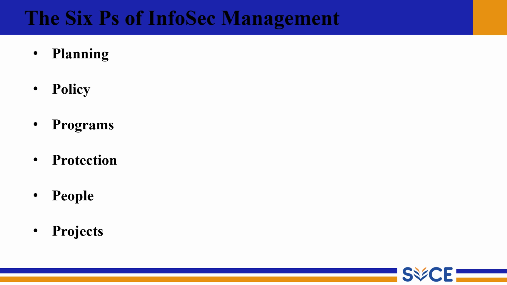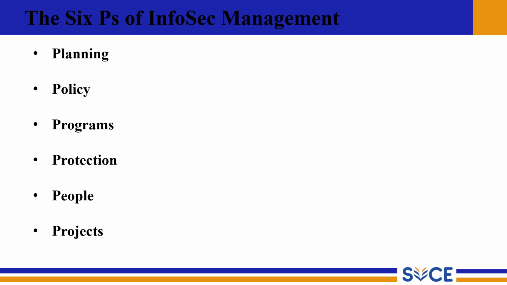Now, to understand how information security is managed effectively, we turn to what's known as the 6 Ps. These 6 principles summarize the entire philosophy of security management. They are planning, policy, programs, protection, people, and projects.